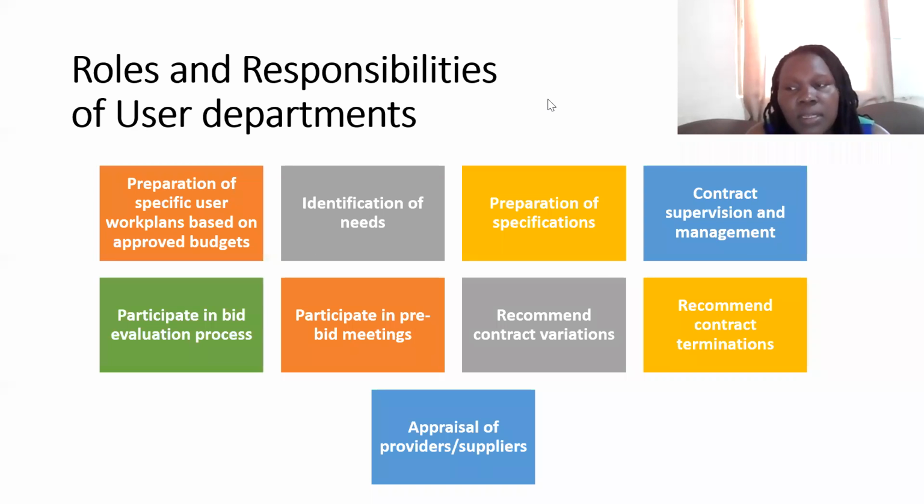This is Emily. Another role of user department is the appraisal of the providers and stock suppliers. This appraisal process helps an organization to identify issues or problems and also quickly solve these identified issues or problems.